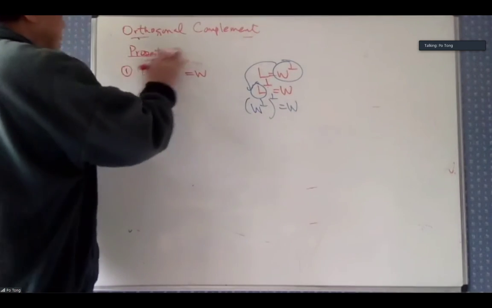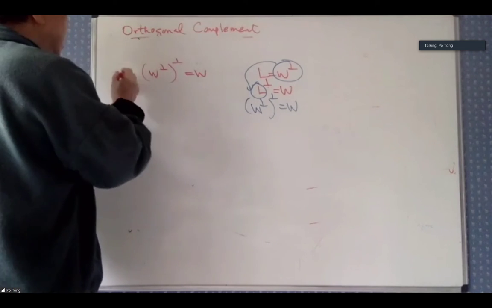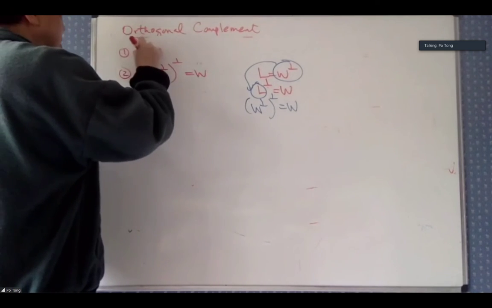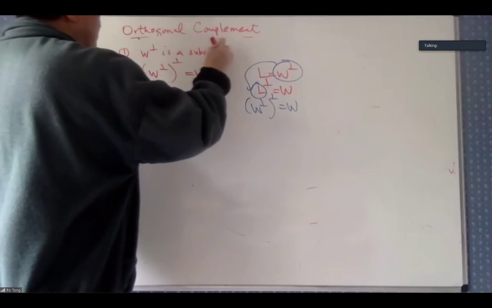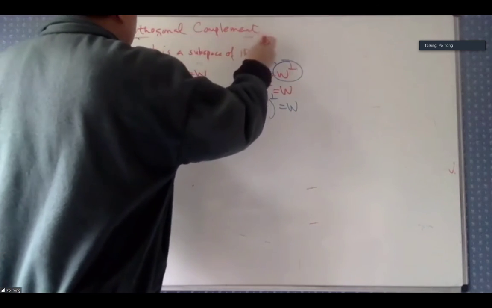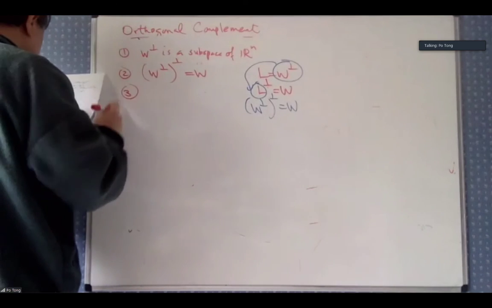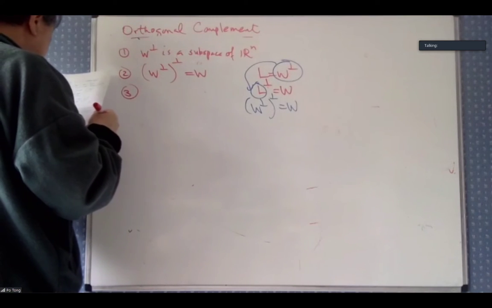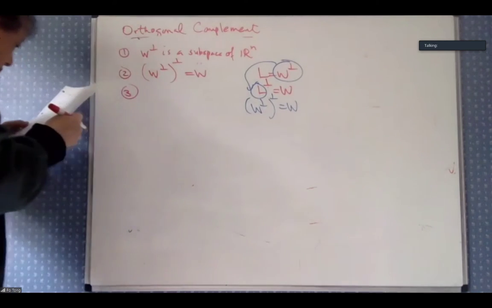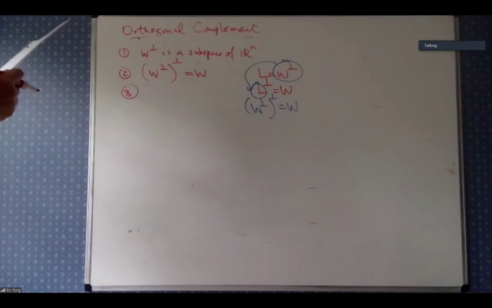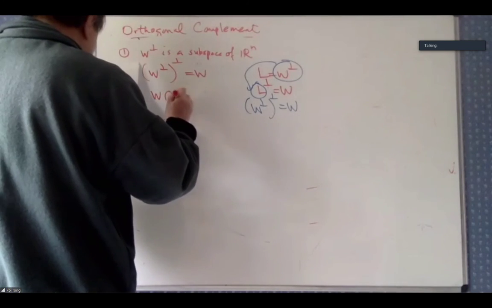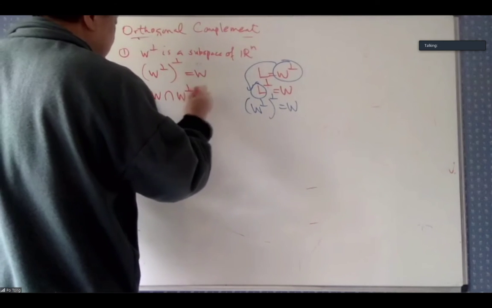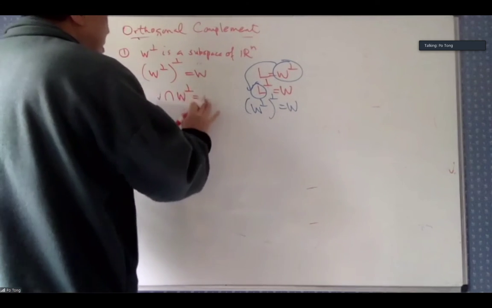I probably should write down, this is the second one. The first one is W perp is a subspace of Rn. I think I talked about that earlier. That one is there. What do you think about this guy? Can you guys take a guess?